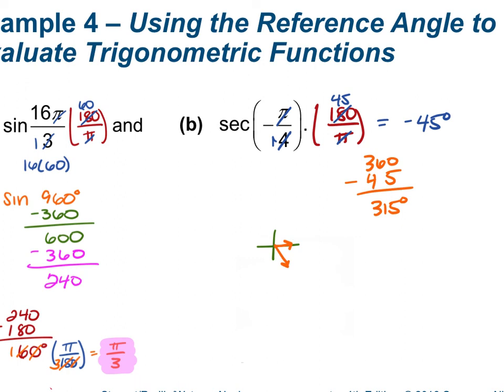From there, you would go up to 360. So you would take the 360 and subtract 315 from it, and you'd be left with 45 degrees. You would then turn the 45 degrees into radians, which technically was already given to you because that's what you turned the negative pi over 4 into. So it would just be a positive pi over 4 radians for your reference angle for this one.